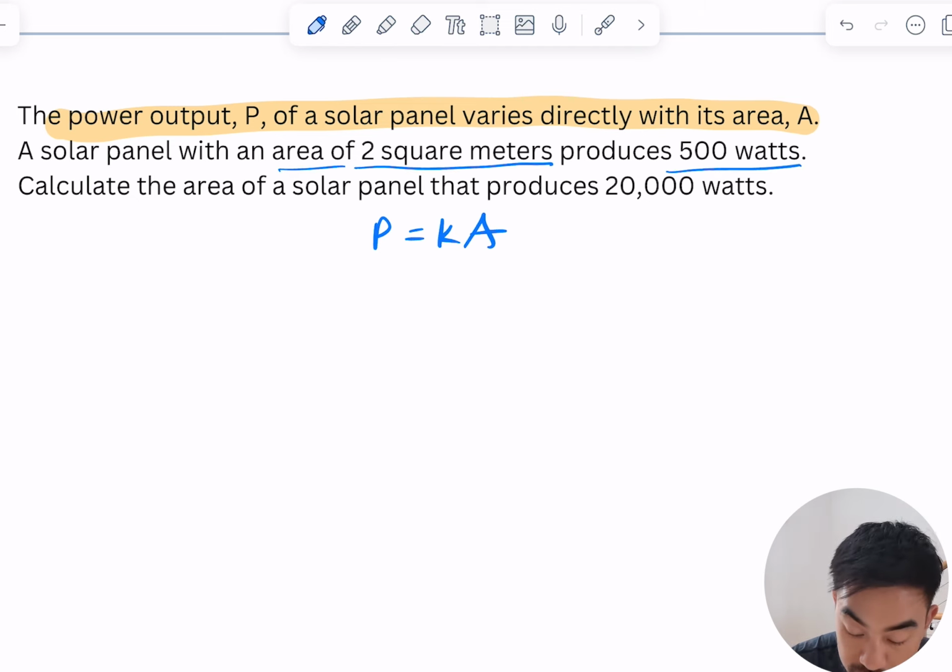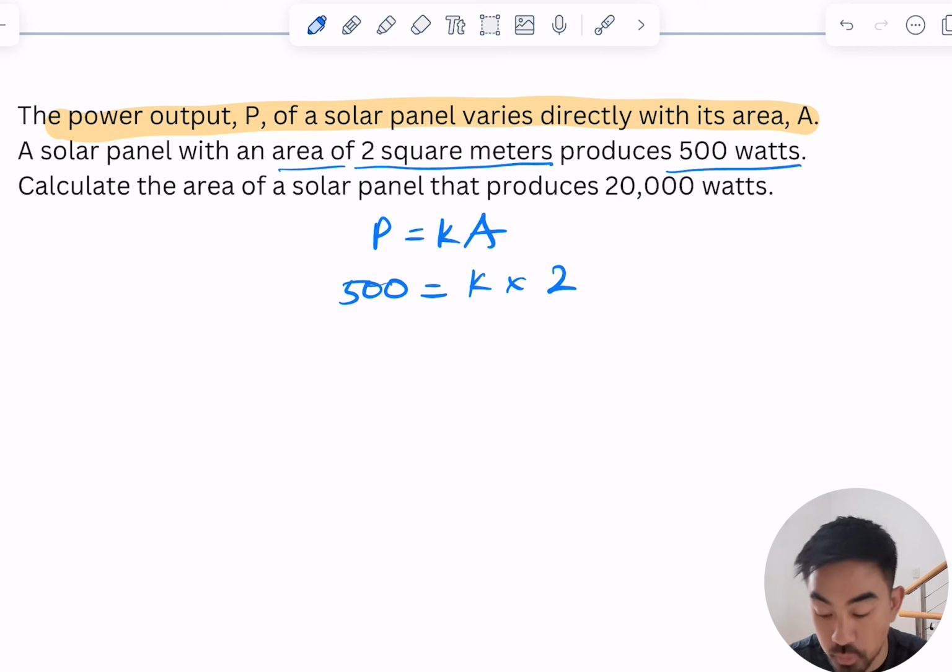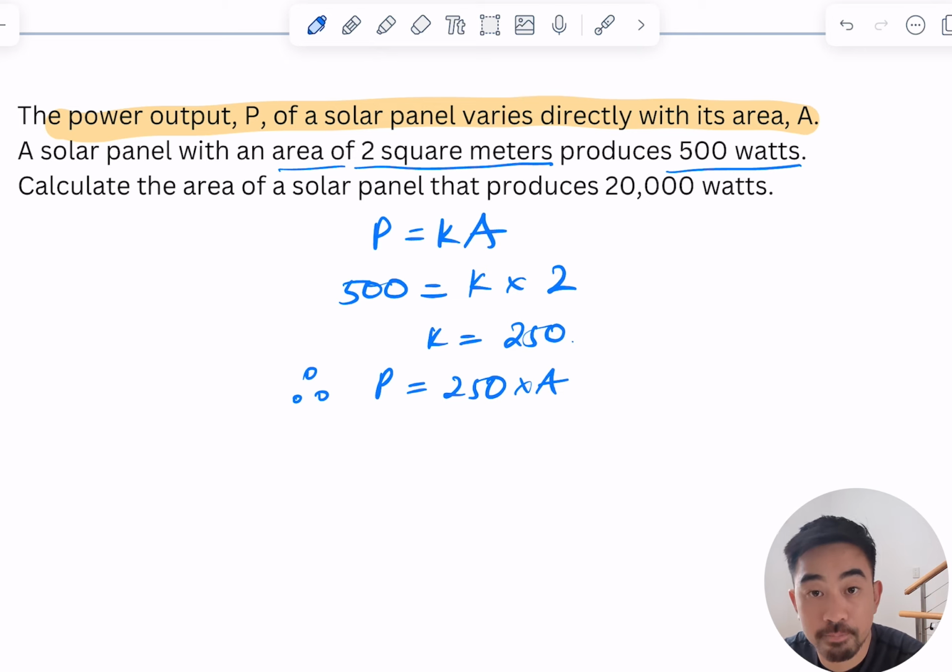So P stands for power, so 500 equals K times 2. So K here will be 500 divided by 2, that's 250. Put it back in the equation, therefore P equals 250 times A, or 250A. Alright, done. Now calculate the area of a solar panel that produces 20,000 watts.